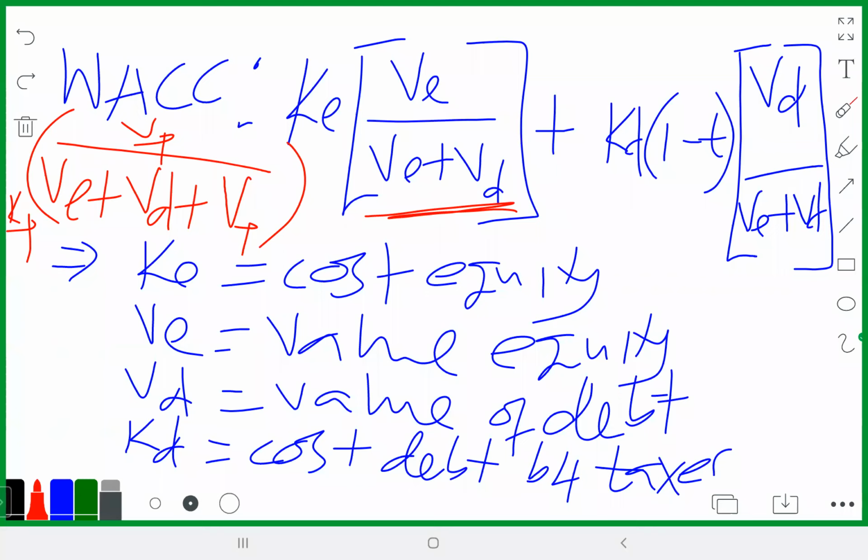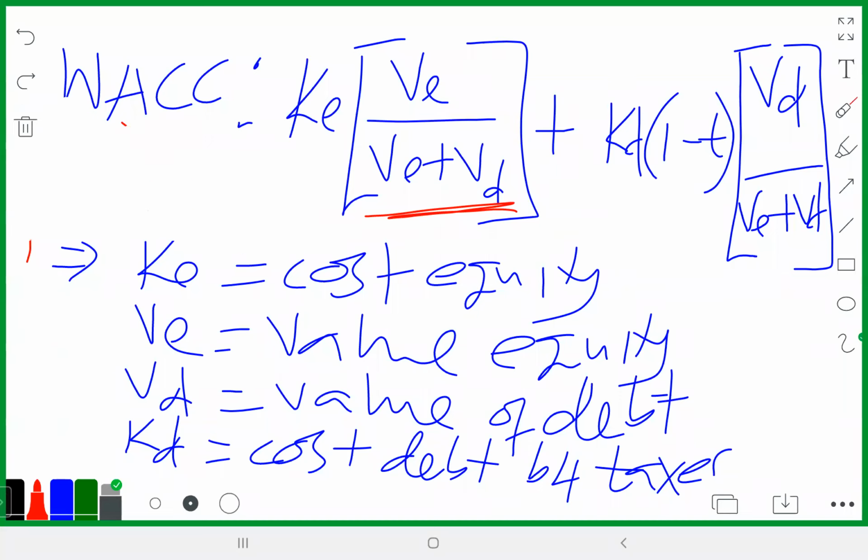So we can simplify the conversation by looking at what is most often examined, what I have just given you. This is the formula that you use. You multiply the cost of equity, which will be given in the question, by the weight of equity. If it's not given, we'll show you how to calculate it. Why is it called the weight of equity?